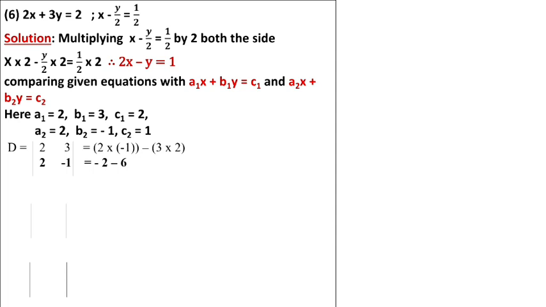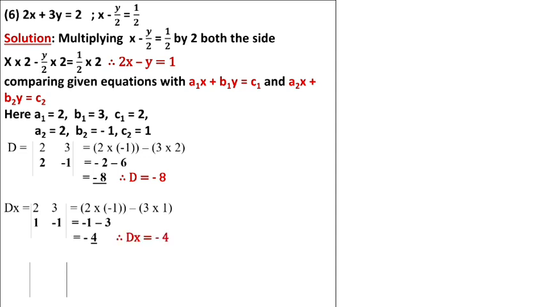So 2 multiplied by minus 1, minus 3 multiplied by 2. 2 1 is 2, but we have the minus, so minus 2, minus 3 into 2 is 6, minus 6, minus minus plus, so here our answer is minus 8. For dx we will take c1 c2 and b1 b2. 2 into minus 1, minus 3 into 1. So here we get the answer minus 4.